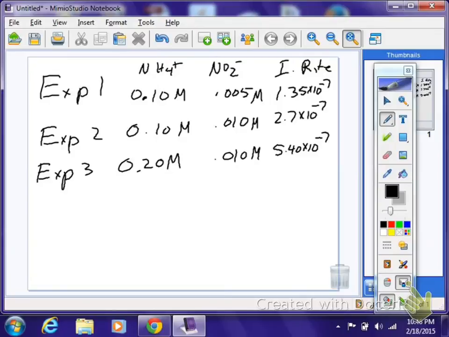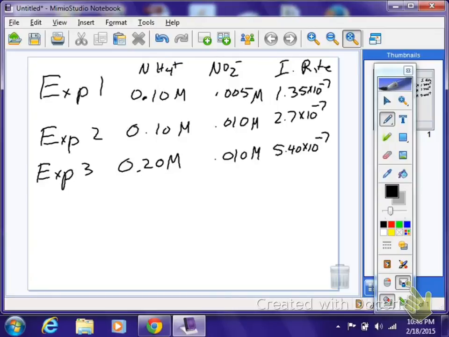It also has the initial rate. That's at the very beginning of the reaction, the slope that you would see, for example, on page 554 in your book, if you want to look at it again. So it's initial rates, and these are 3 different experiments.